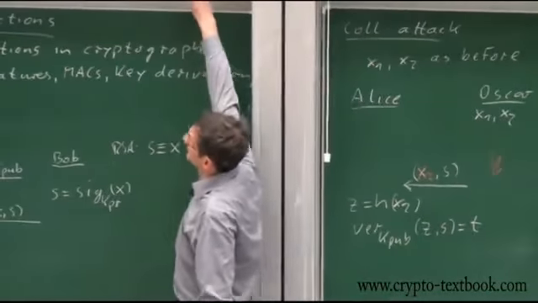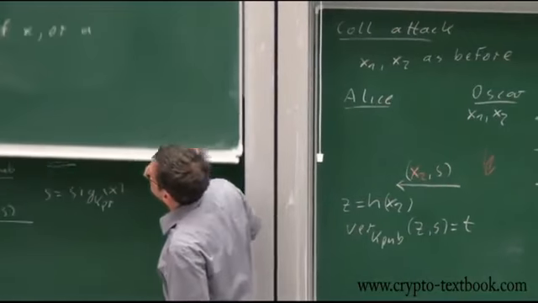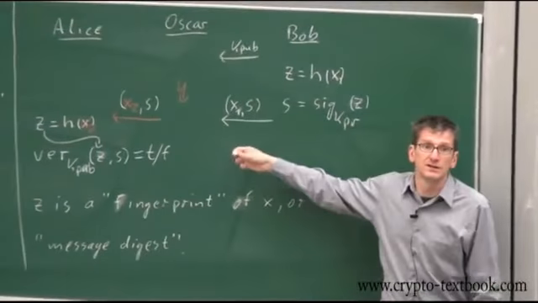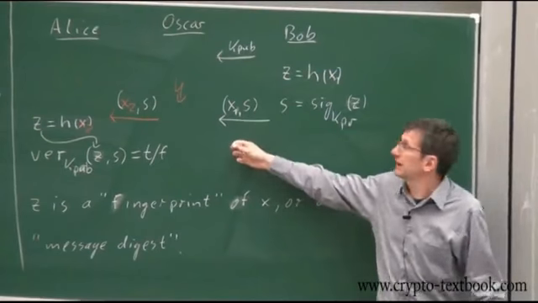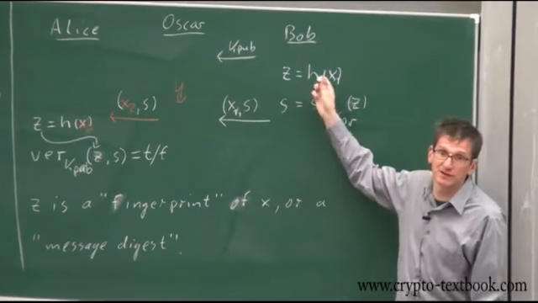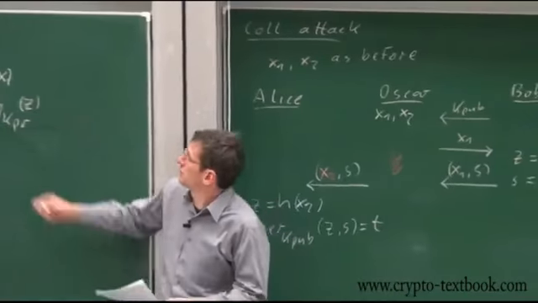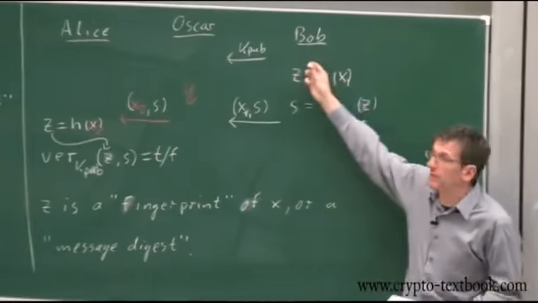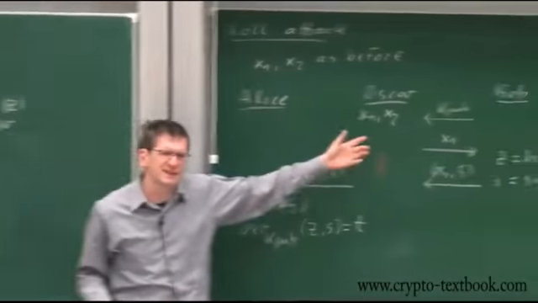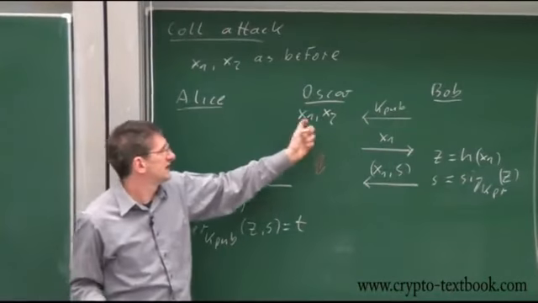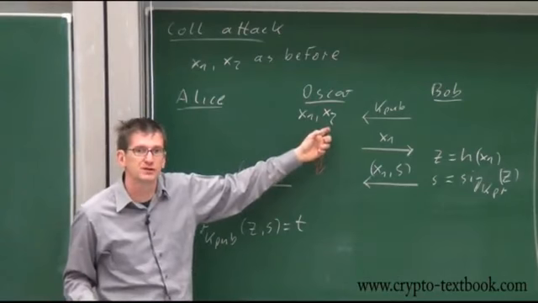So what I'm saying here is there's this one attack. Again, remember x1 was chosen by Bob, and x2 was chosen by Oscar, right? x1 was given by Bob, x2 by Oscar. Here, it doesn't seem all that different, right? x1 and x2 are both chosen by Oscar.